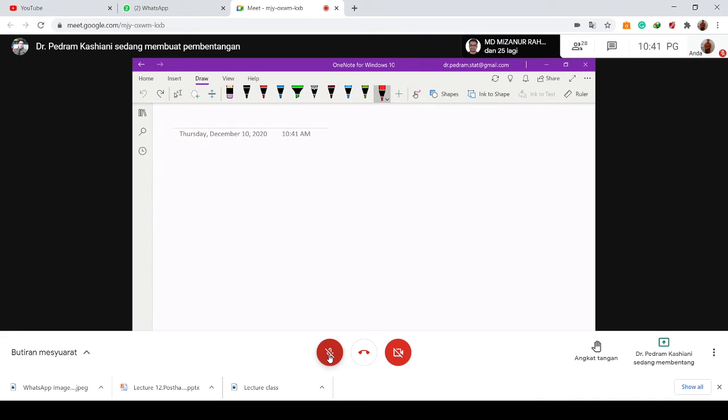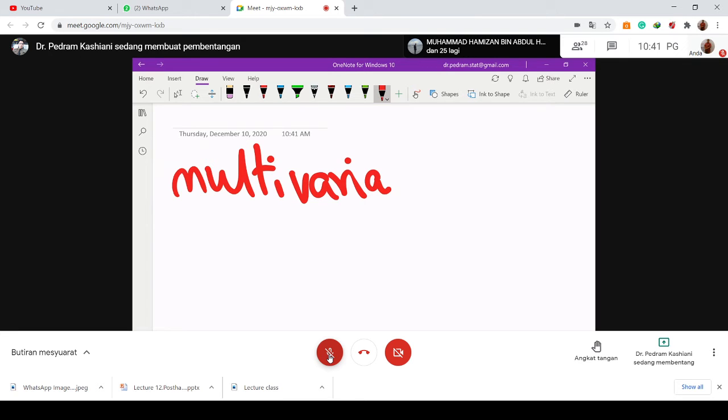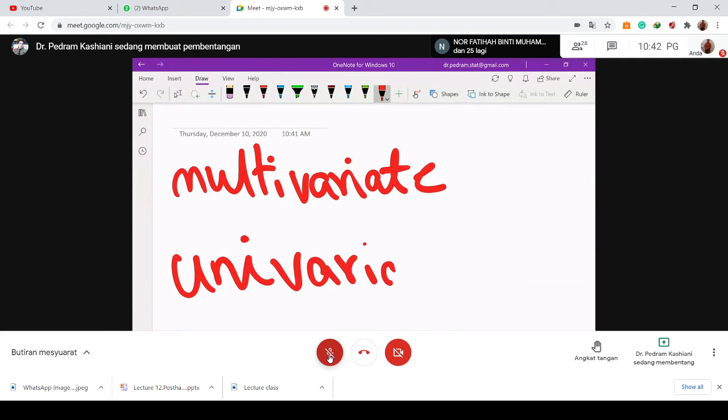Okay. Multivariate, against univariate. What is univariate? Univariate is what we are doing now: ANOVA, analysis of variance. So t-test, z-test, they are univariate. What does univariate mean? It means you talk about one variable at a time. One variable at a time.